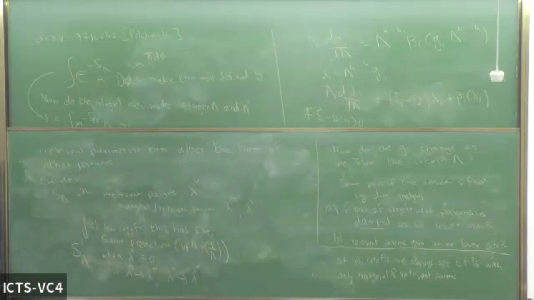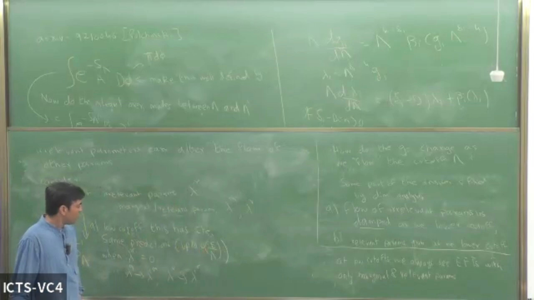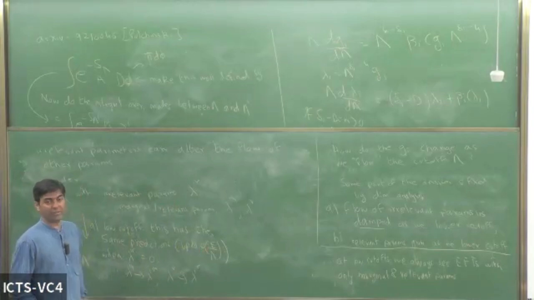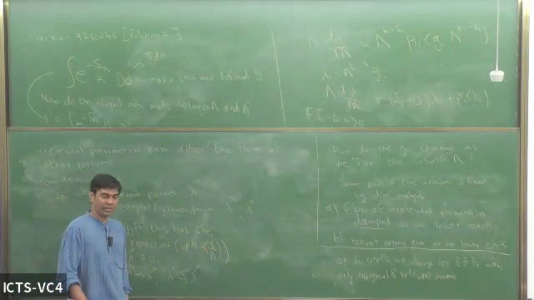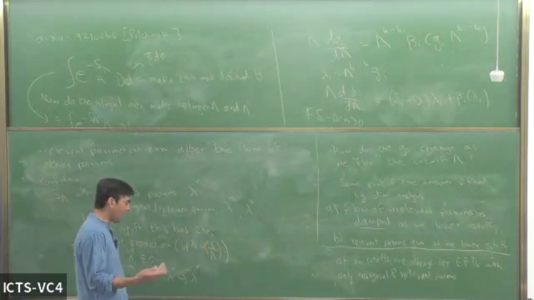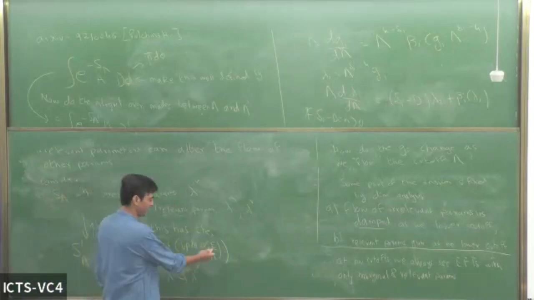For instance, you could have said the gravitational interaction is an irrelevant parameter, right? We see that in the standard model. However, it's also true that at low energies, the gravitational interaction doesn't matter. So if you thought of a different theory in which you just set gravity to 0, that in fact does give you the same answers at low energies.